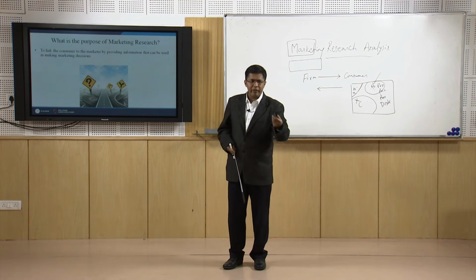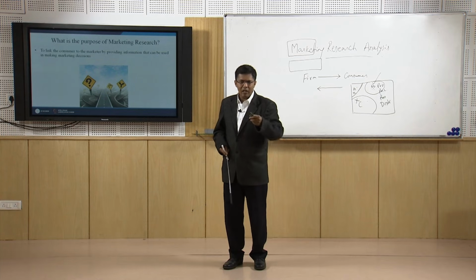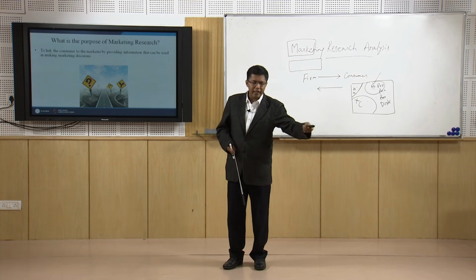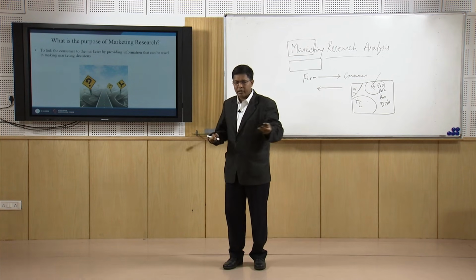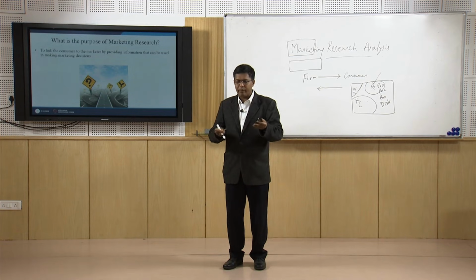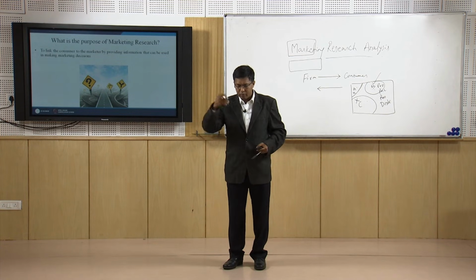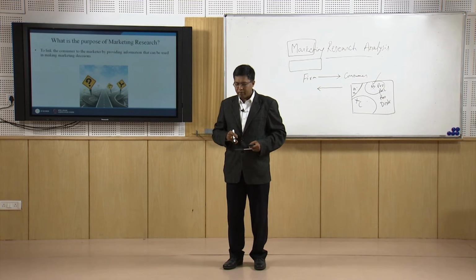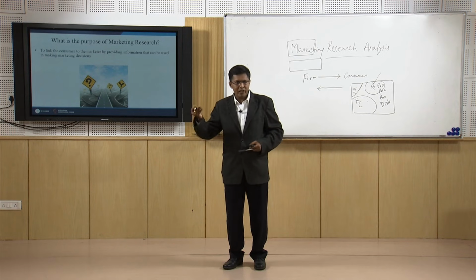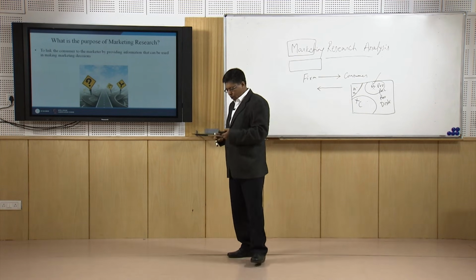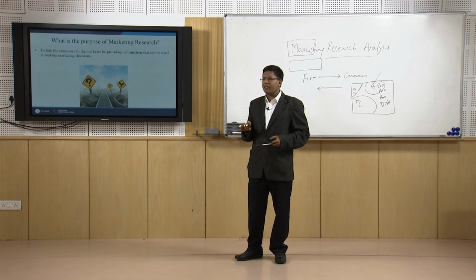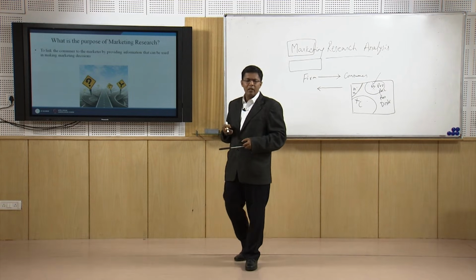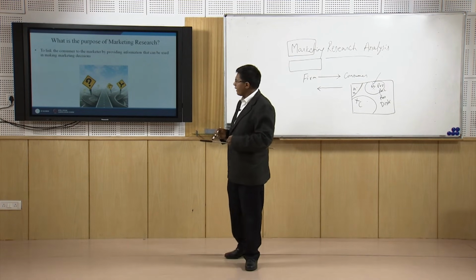Should we promote it on TV, air it on cable, or on the internet? Or let us say sponsor a cricket match, for example. So, how do you do it? Basically, it is connected with the 4 P's of marketing, mostly.